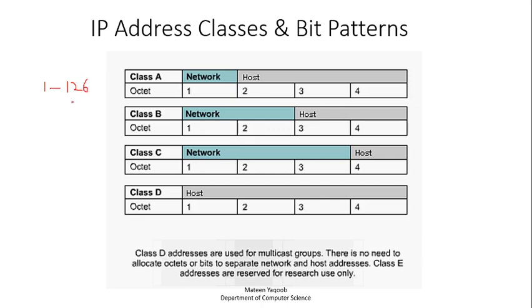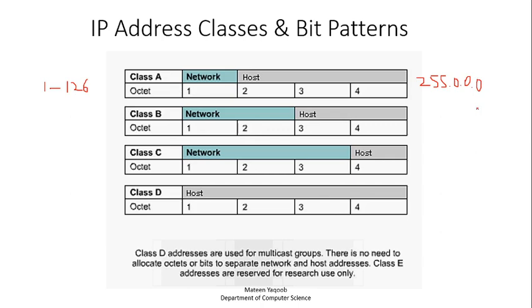So the subnet mask will determine from which class it belongs. So for class A, any class A IP address will have this subnet mask 255.0.0.0.